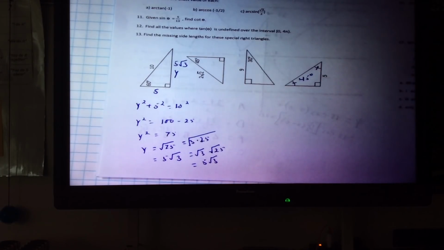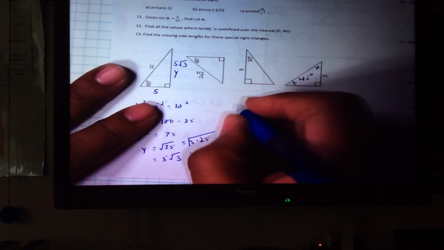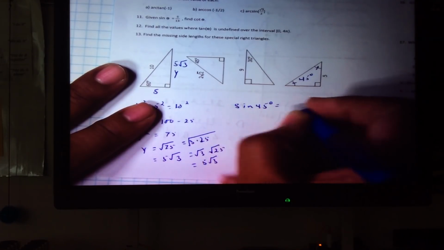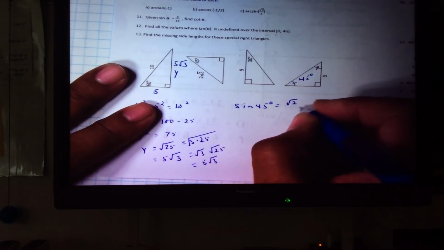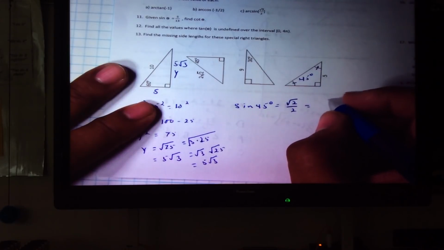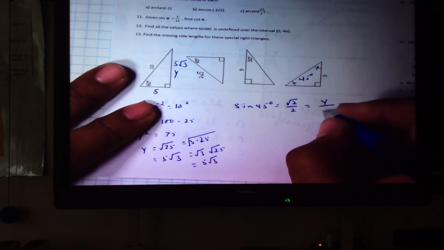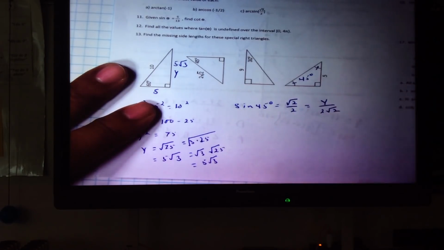If you're looking at that one, the sine of 45 degrees is equal to the square root of 2 over 2. And that's going to be the y value, y, divided by 2 square roots of 2.